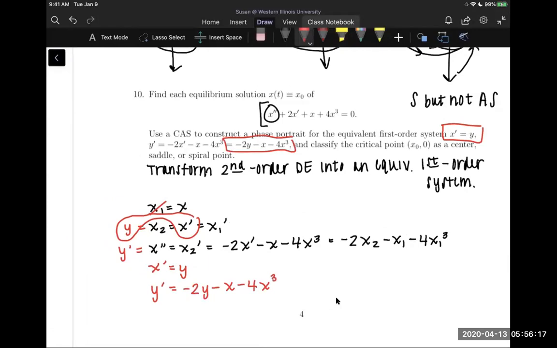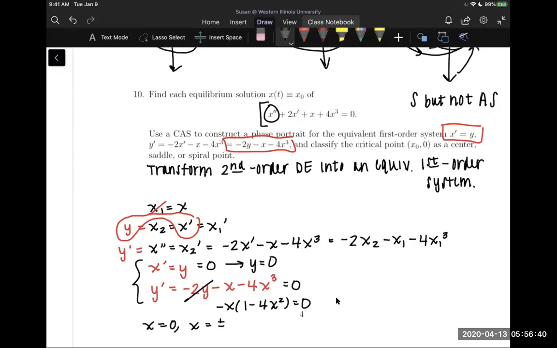And then looking at this system, if we set these both equal to 0, we get right away that, of course, y equals 0. So let me drop out my y term. If I factor out a negative x, I get 1 minus 4x squared equals 0. So I get x equals 0 and x equals plus or minus 1/2.